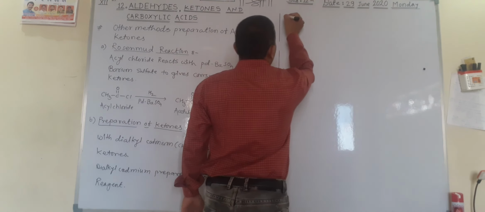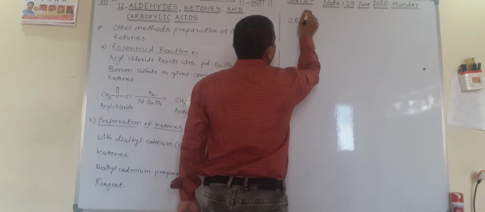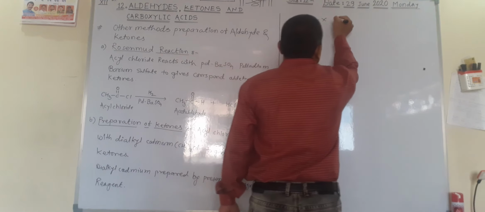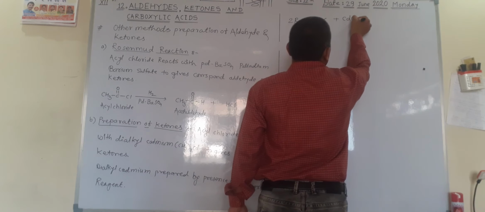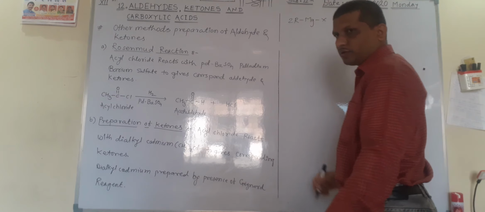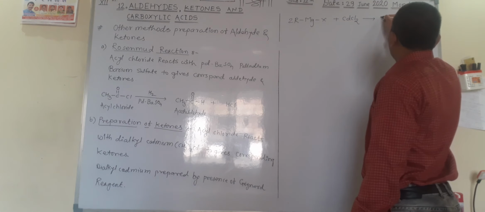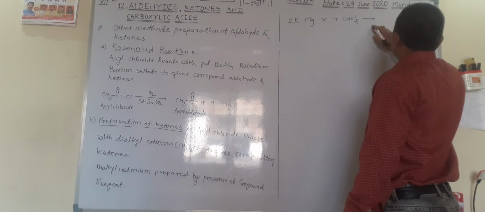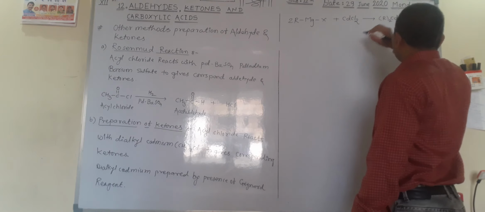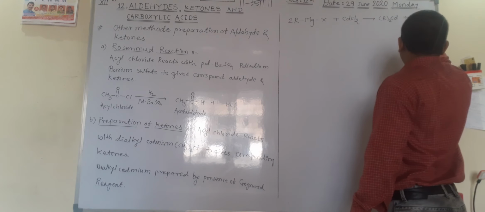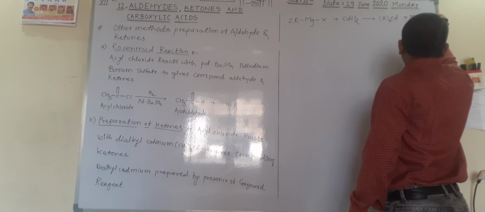Twice R alkyl magnesium halide reacts with cadmium dihalide, cadmium dichloride, to give R2 cadmium plus removal of MgXCl2.